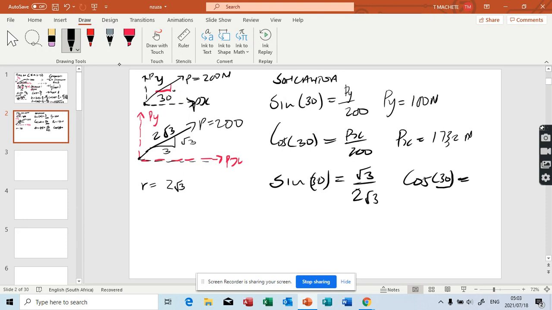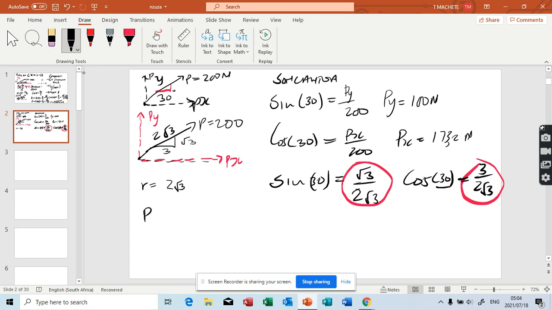So cos theta, which is cos 30, equals adjacent. What is my adjacent for the minor right angle triangle? It is 3. Then hypotenuse is 2 root 3. So where there is cos theta, I'm going to put this, and where there is sine theta, I'm going to put this. So now let's go ahead and use SOHCAHTOA.